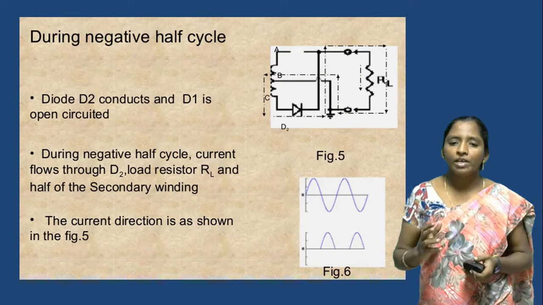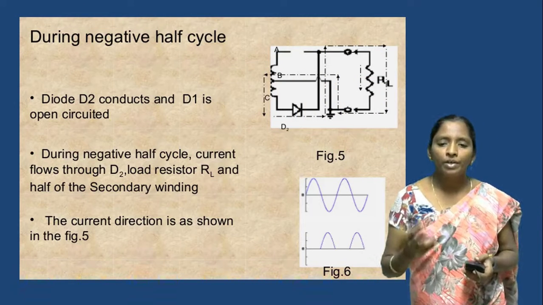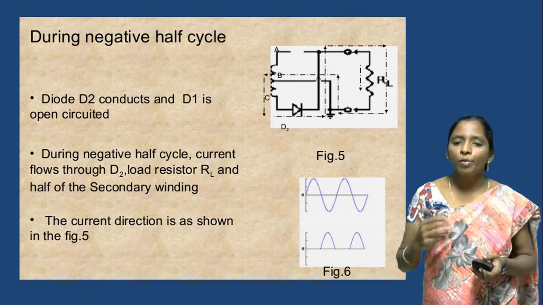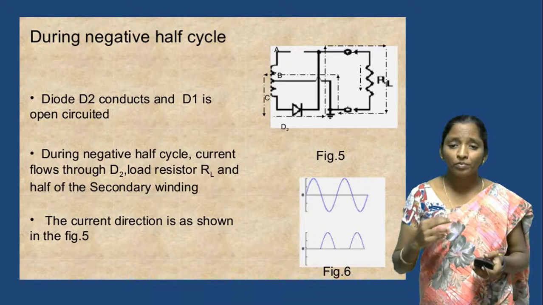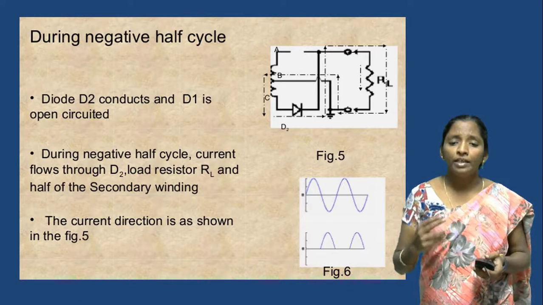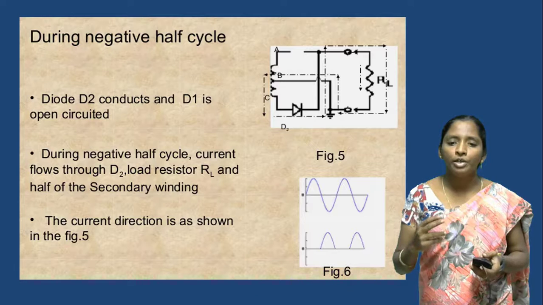During the negative half cycle, we are applying the negative terminal to the anode of D1 and the positive terminal to the anode of D2. At that time, D1 is off and D2 is on.